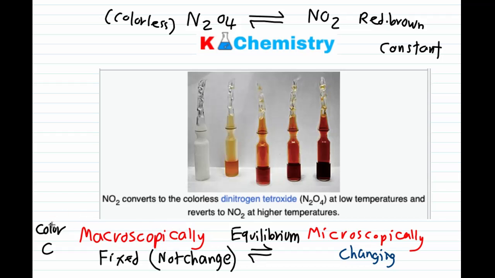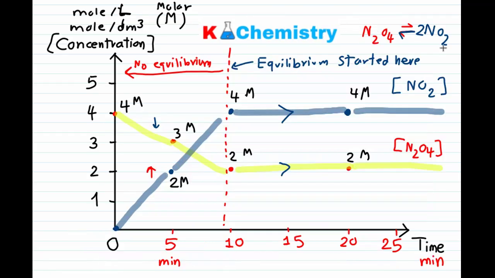I don't see any change in color, in concentration, or in the pressure. And microscopically, there is change because the molecules keep breaking down and forming. N2O4 is breaking down into NO2, and NO2 is joining to form N2O4 without stopping, as long as the reaction continues.